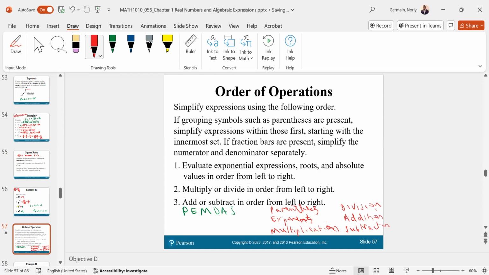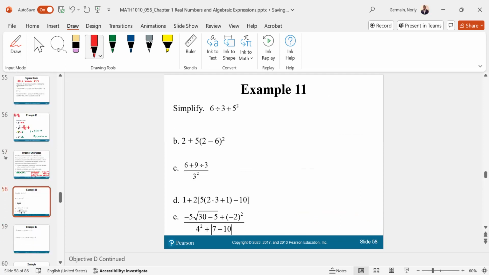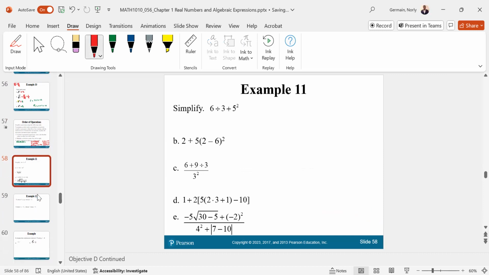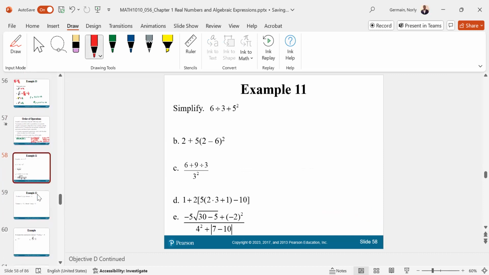Add or subtract in order from left to right. So we call that PEMDAS. So remember, PEMDAS. P for parentheses, E for exponent, M for multiplication from left to right, D for division from left to right, A for addition from left to right, S for subtraction from left to right. So that's very important. We do it this way, okay?